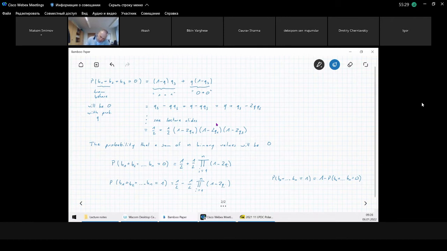So those are important equations that we will need later on.